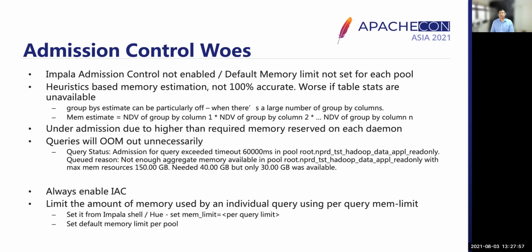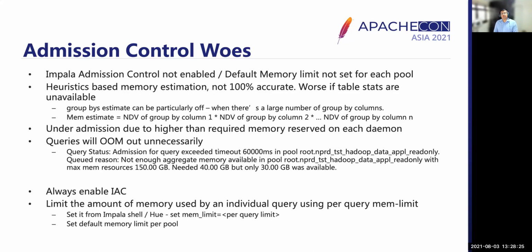Because memory is overestimated, you end up running queries with more than the required memory, and thus the overall number of queries on your cluster goes down. This is a situation called under admission, where you could actually run more queries on the cluster, but because of missing stats or because of Impala overestimating, you are running fewer queries than you could.